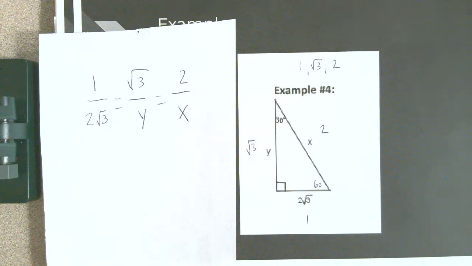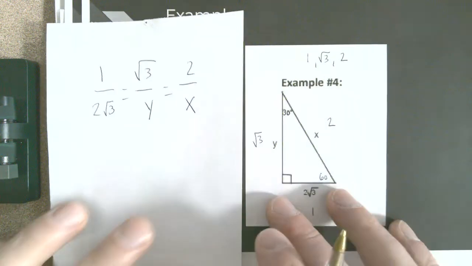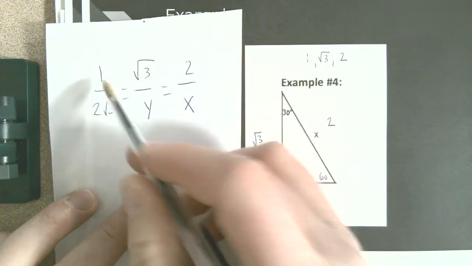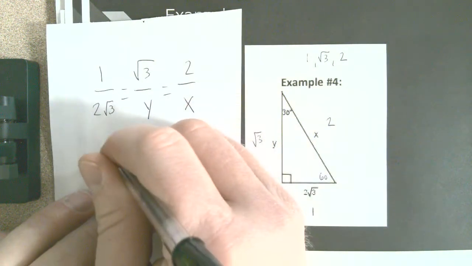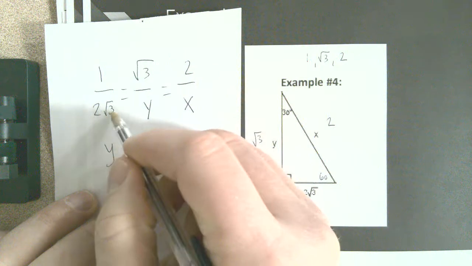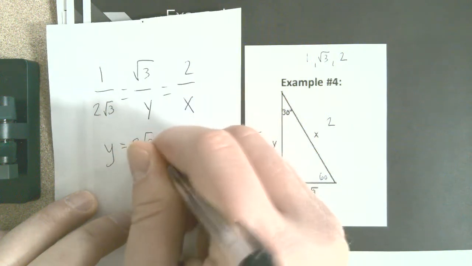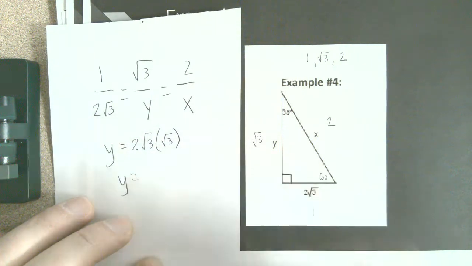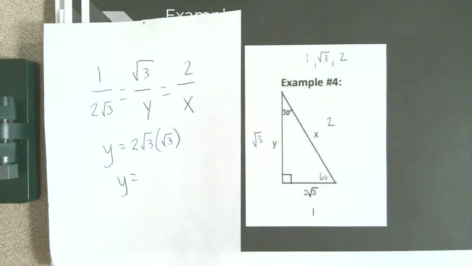And then once you've got your proportion set up, then it's just solving the proportion just like we did in chapter 7. I'm going to go ahead on this one and solve for y first. So 1 times y is y. 2 radical 3 times radical 3. Remember we talked about when you multiply a radical times itself, it just gets rid of the radical.